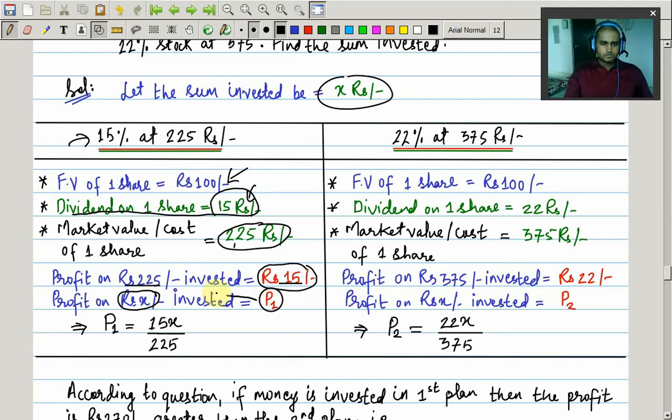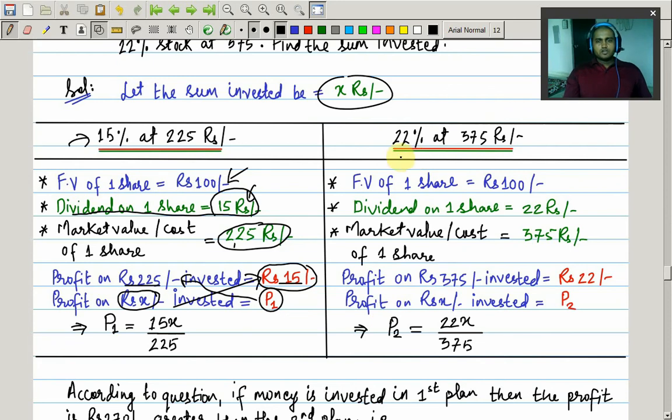Just cross multiply: 225 into P1 equals X into 15, 15X. So this 225 will move into the denominator. So we will get this. I think this is clear to everyone.